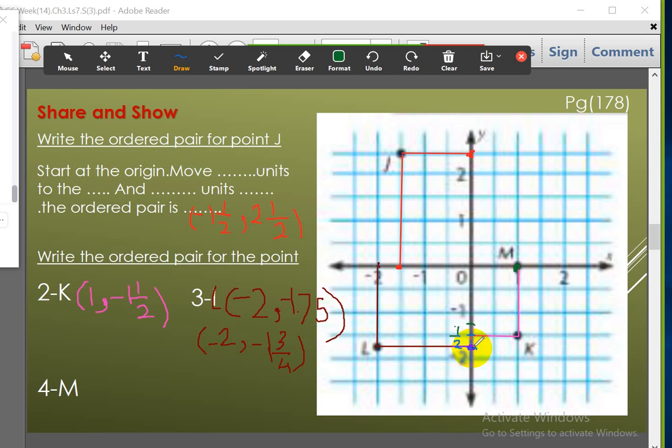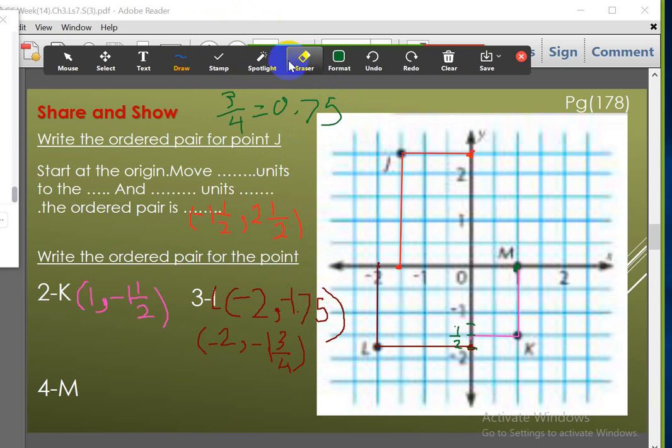Okay? Because 3 over 4, 3 quarters, equals 0.75. Why?